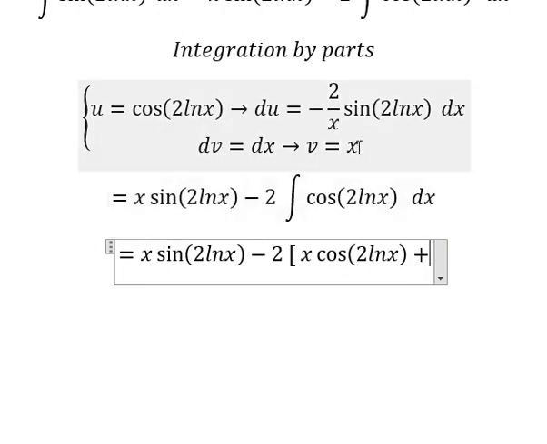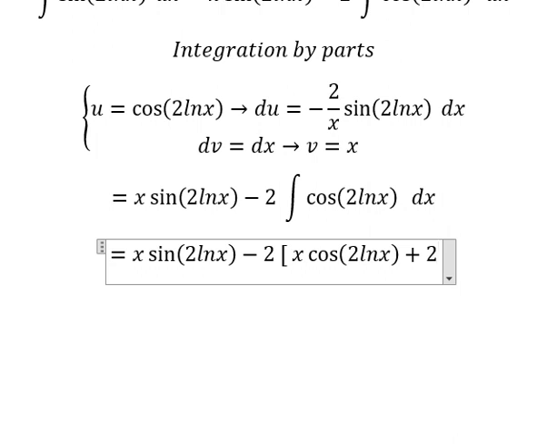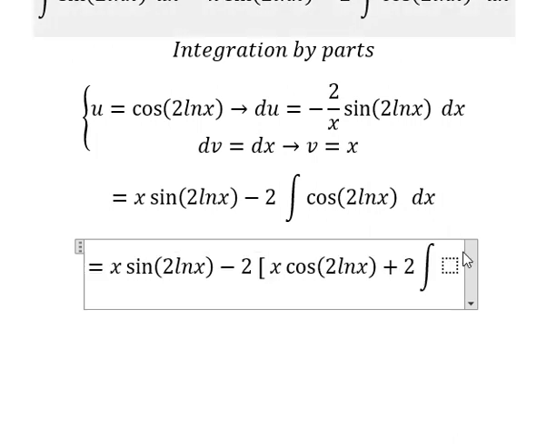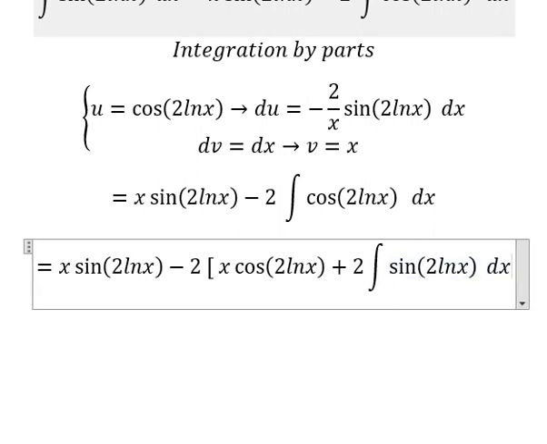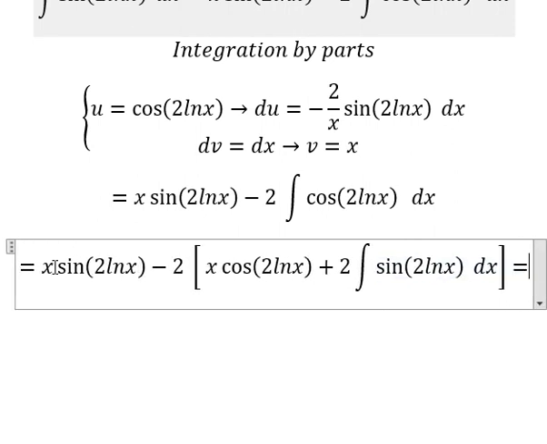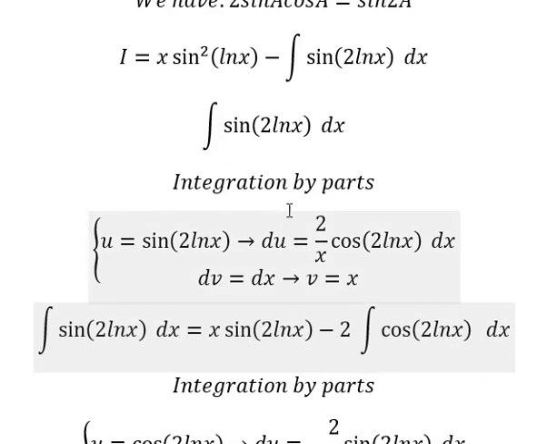2 over s multiplied by s, we have number 2, and now we have the integration of sine of 2 ln s ds, and we know that this one equals to this one.